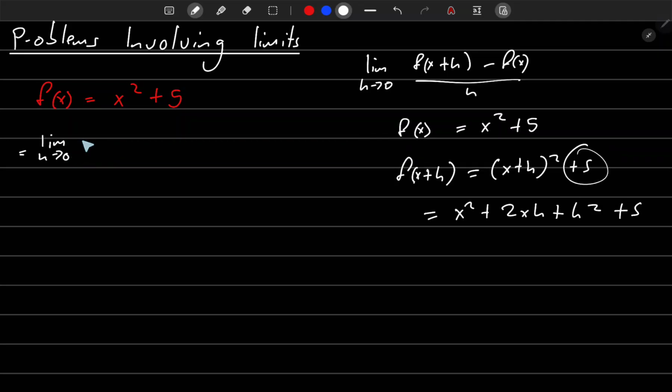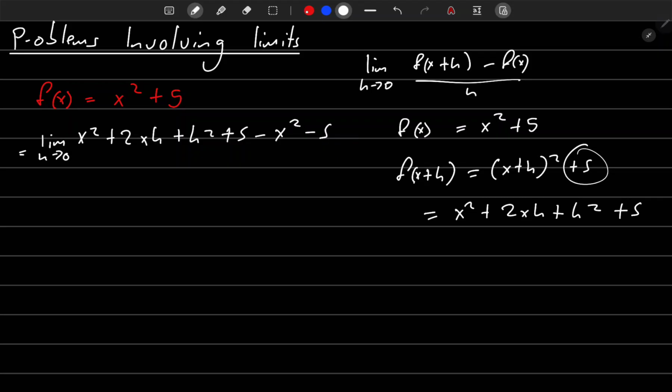So as h approaches 0, we have x squared plus 2xh plus h squared plus 5. Then we have to subtract f of x, that's in brackets x squared plus 5, so this is going to be minus x squared minus 5.